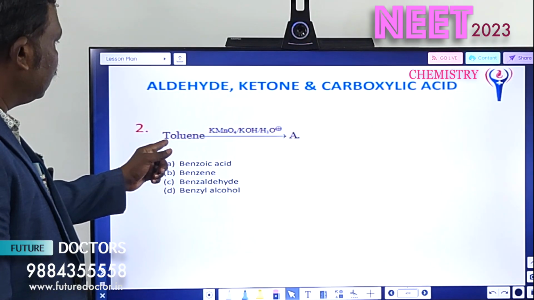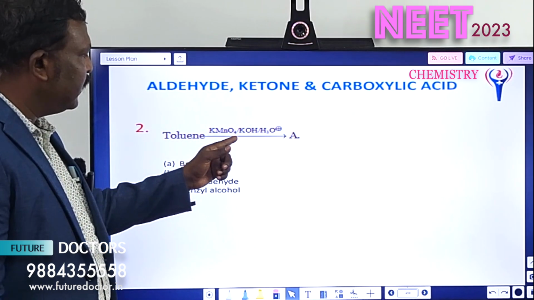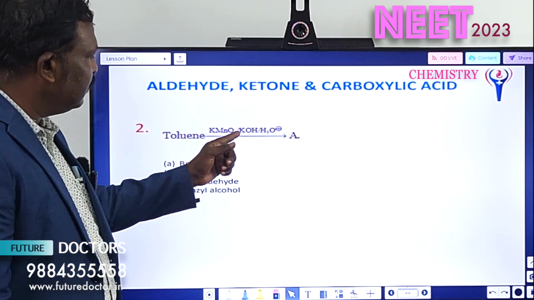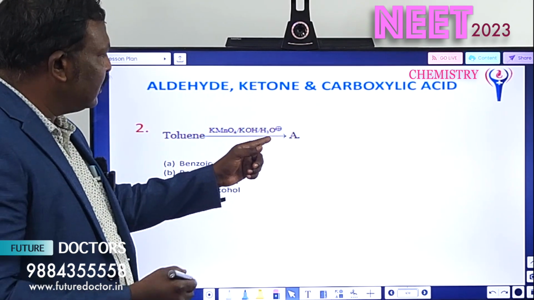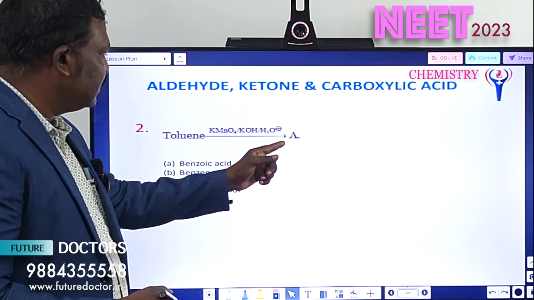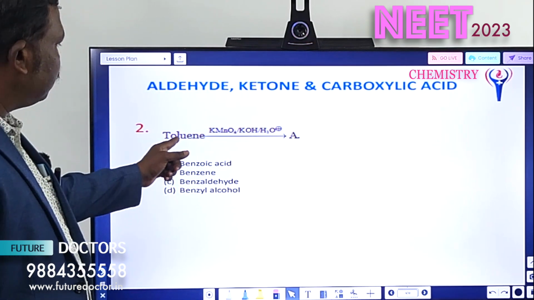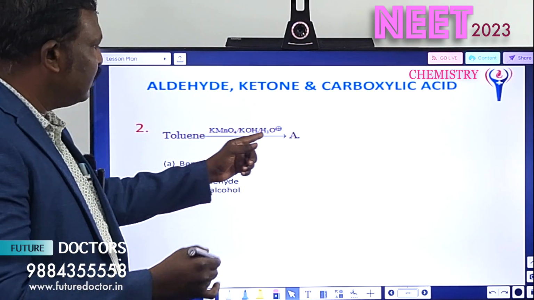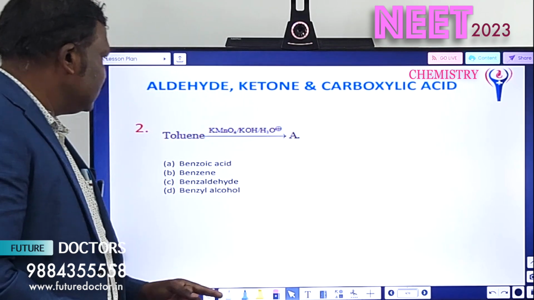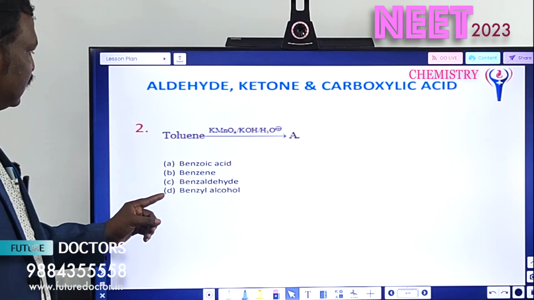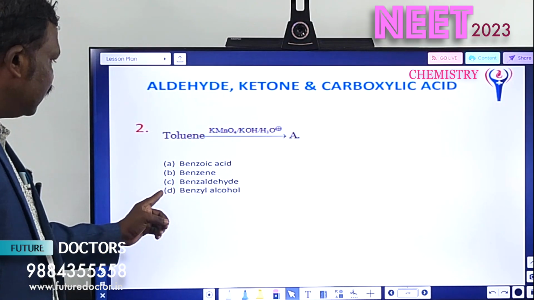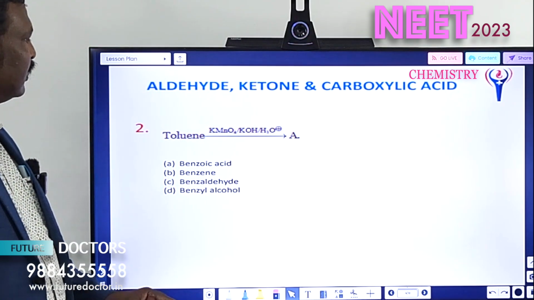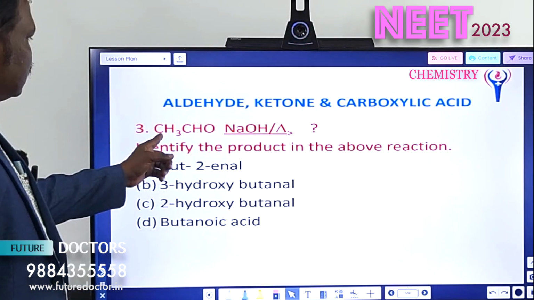Toluene is oxidized by potassium permanganate in presence of KOH and then acid hydrolysis to get compound A. If you oxidize toluene, what's the compound? Option A, benzoic acid. Option B, benzene. Option C, benzaldehyde. Option D, benzyl alcohol. Third question.